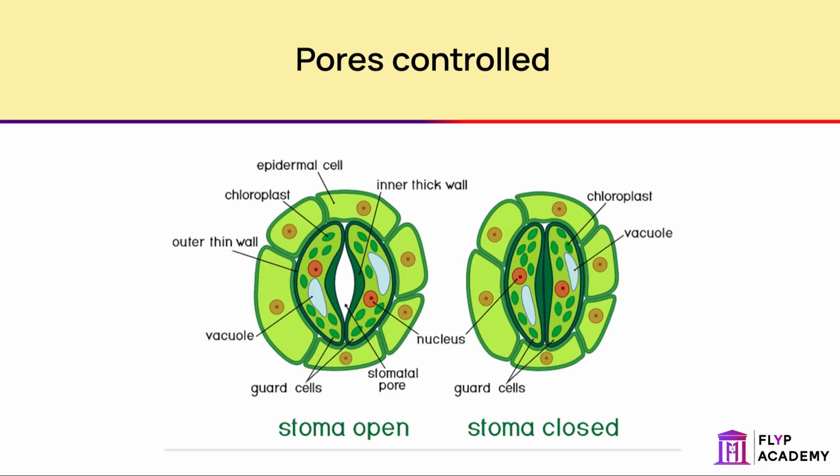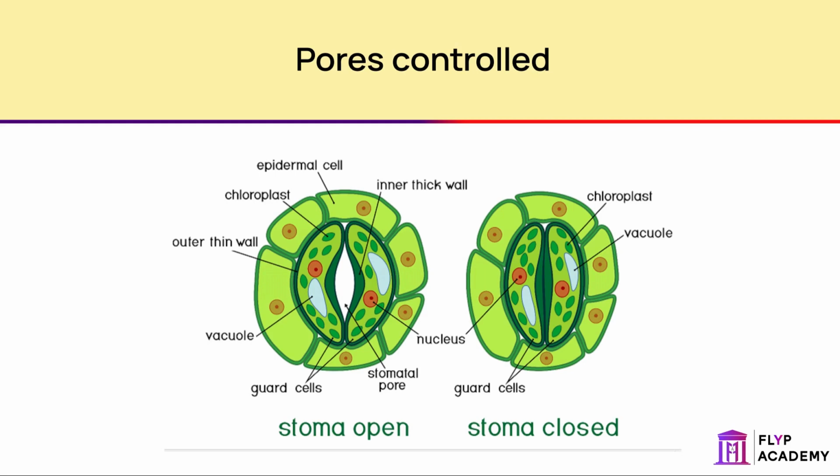Increasing the wind speed. This means that the movement of air around the leaf increases, meaning that as the water evaporates and leaves the leaf, it is moved away by the breeze. This maintains the concentration difference between the water inside the leaf and outside the leaf, increasing the rate of water loss.